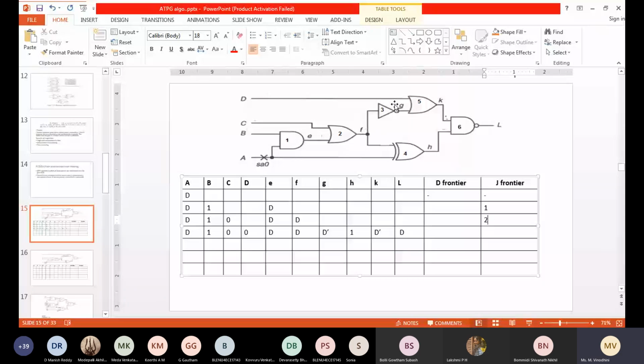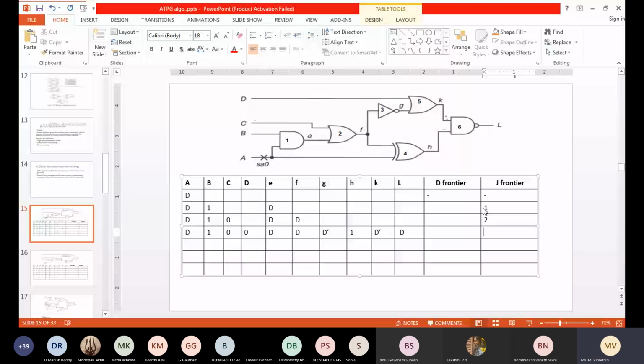Next from F, I moved on to G, and in the same step I filled everything. I propagated from F to G, G to K, and K to L. Maximum, it's up to you people, but don't try to complete everything in one step. Split it, but don't split it completely. So here I moved from F to G. I didn't check for any input or output.